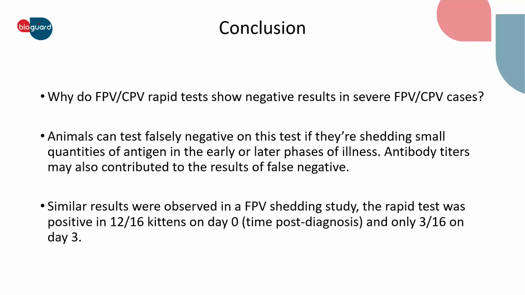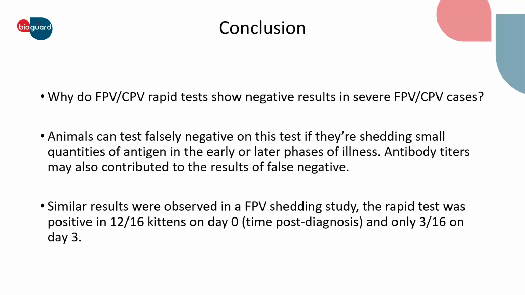And also the antibody titers may contribute to a false negative result, because the antibody will bind to the virus antigen. As a result, those antigens cannot be recognized or captured by the FPV or CPV monoclonal antibody labeled on the rapid test strip.